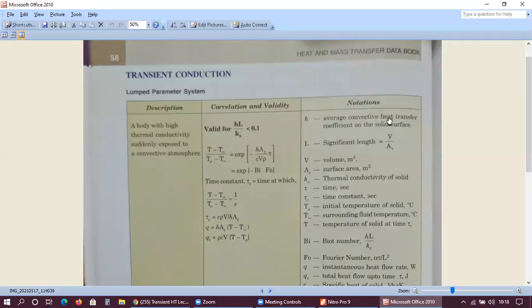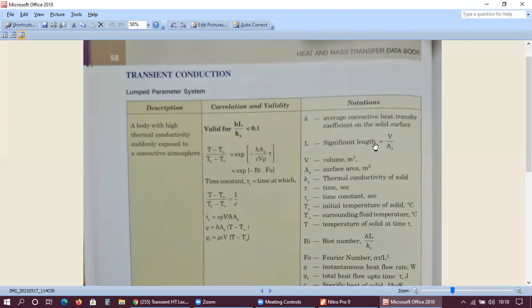Okay, if you observe it carefully, you'll see here the Biot number is given by hL by ks, and the Fourier number is nothing but alpha t by L squared. This L is nothing but the characteristic length, as you can see here. This characteristic length totally depends on the geometry of the material, whether the heat transfer is taking place from a flat plate, a cylinder or a sphere.